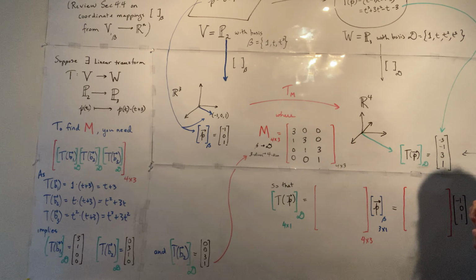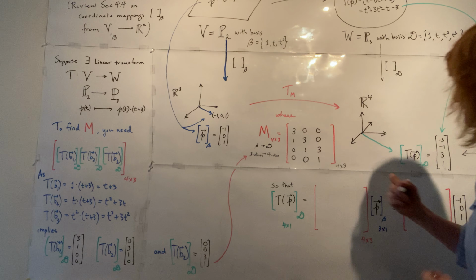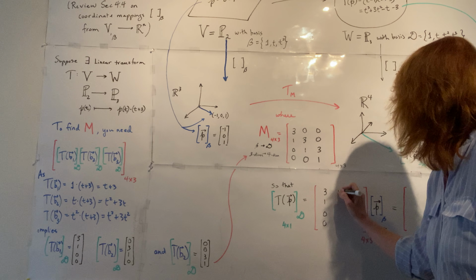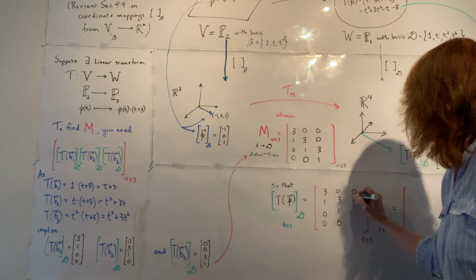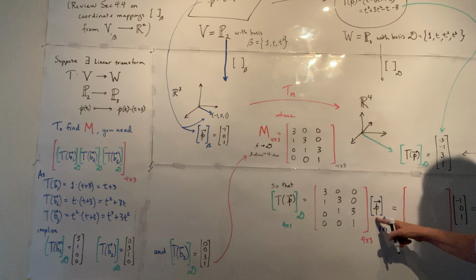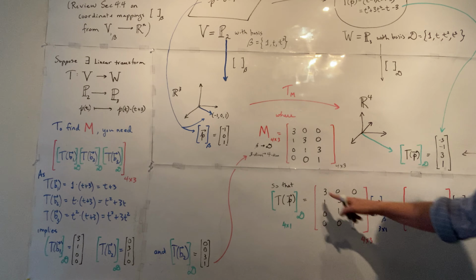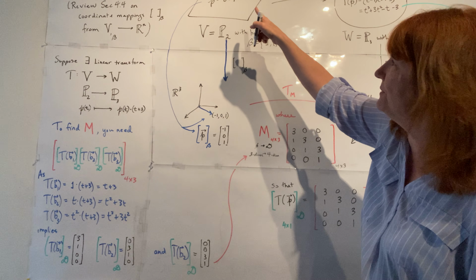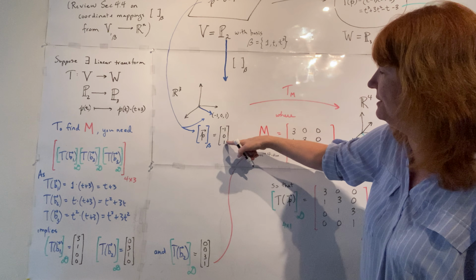Okay, so let's just take it for a test drive and see if it's working. If I put that in here, 3, 1, 0, 0, 0, 3, 1, 0, 0, 0, 3, 1, and multiply it by the coordinates of P, the polynomial t squared minus 1. Its coordinates in R3 are negative 1, 0, 1.